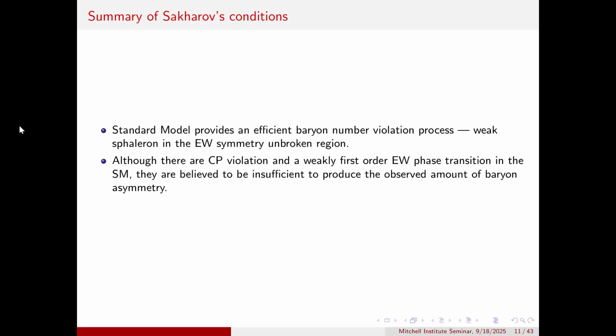And regarding CP violation and first order phase transition, there is CP violation and a phase transition in the standard model, but they are not strong enough to produce the observed amount of baryon asymmetry. So before I move on, any questions on this part?